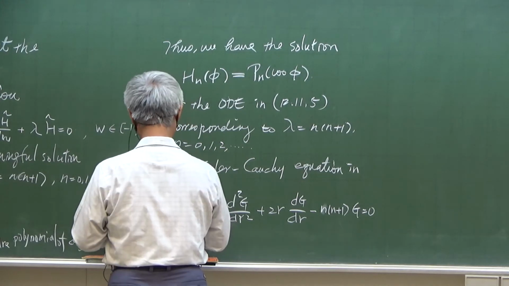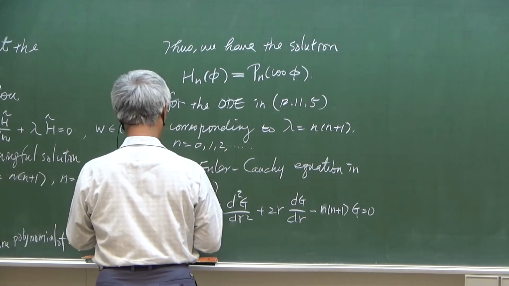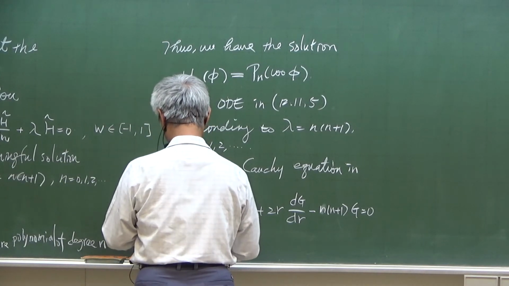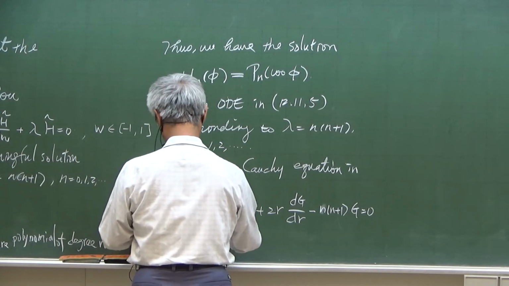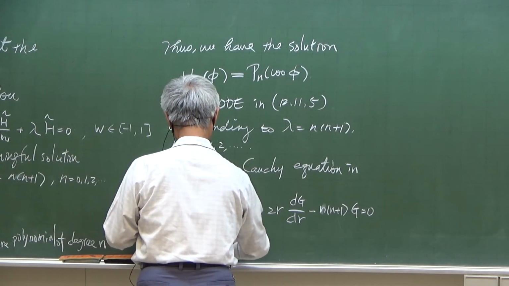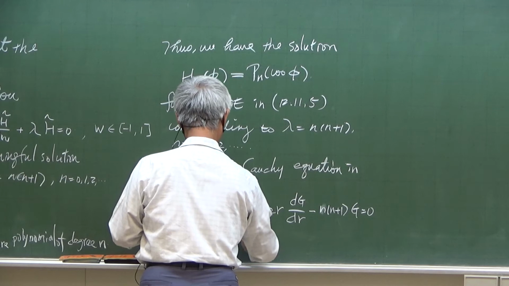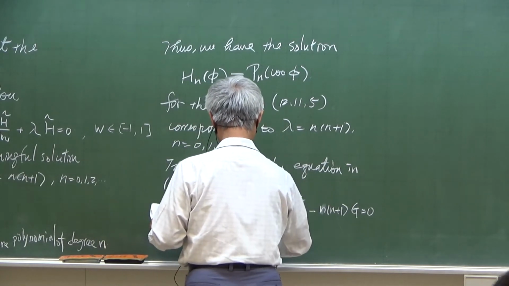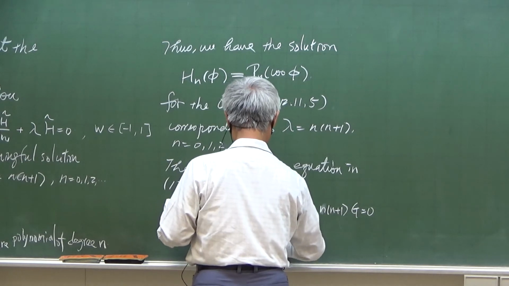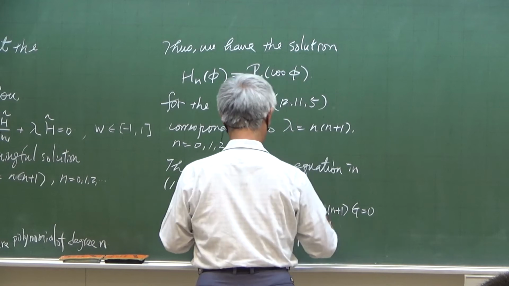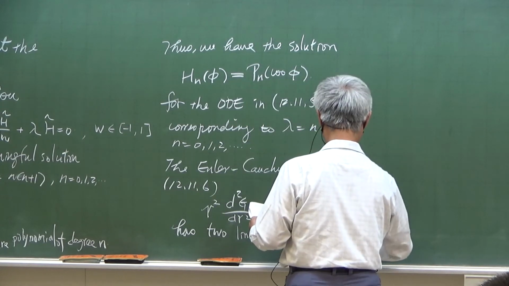Okay. So the Euler-Cauchy equation has two linearly independent solutions.